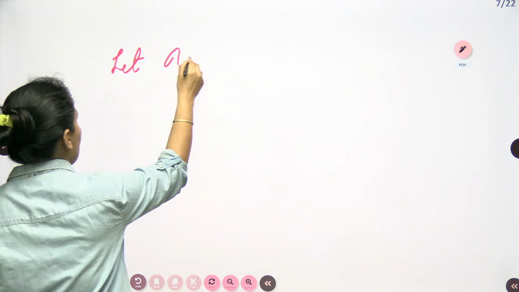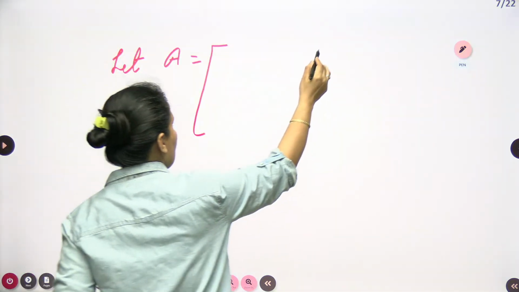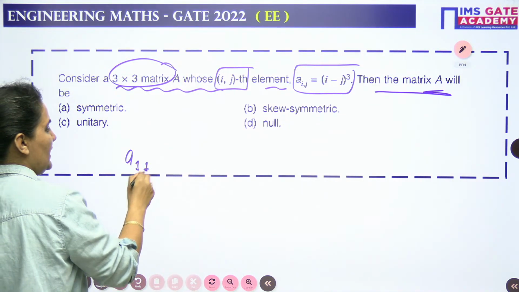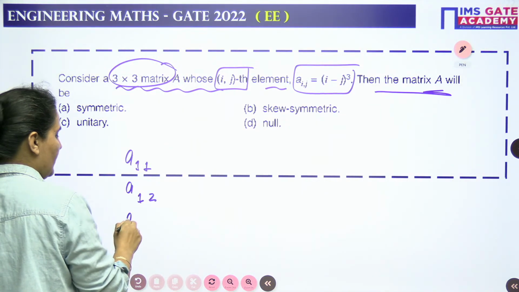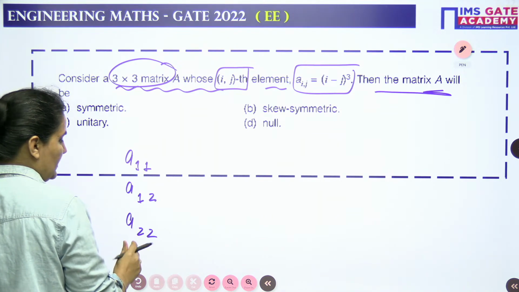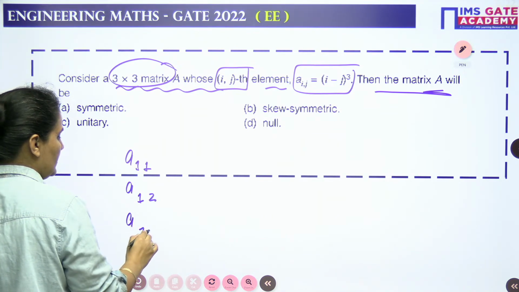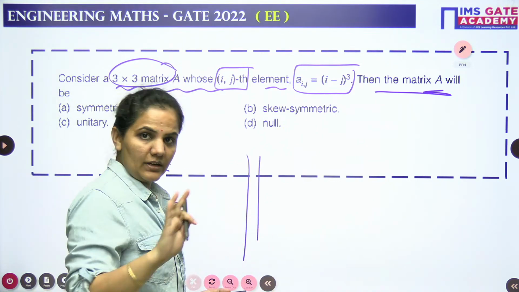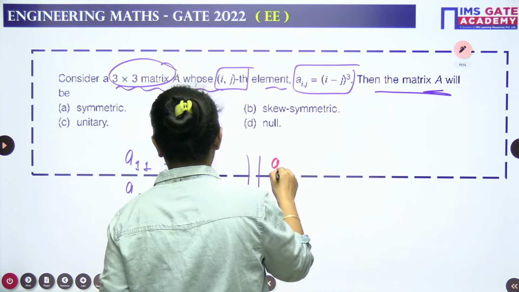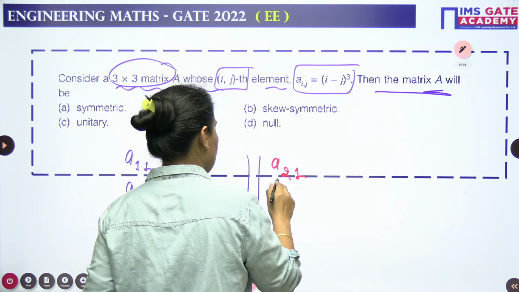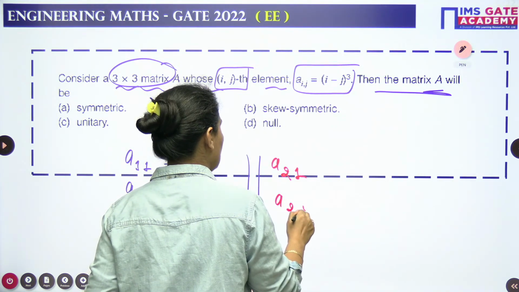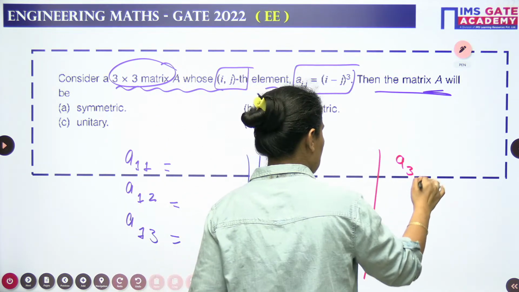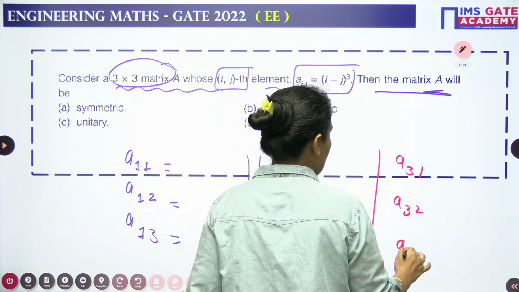We can write the matrix A as a 3x3 matrix. The elements will be A11, A12, A13, then A21, A22, A23, and then A31, A32, A33.